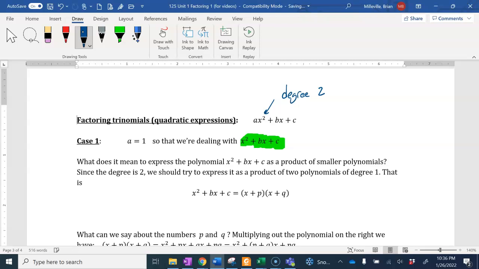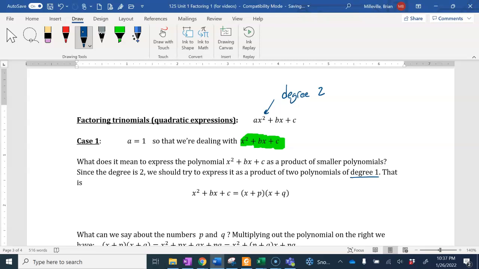To factor that as a product of smaller polynomials, the only way is if our degree is 1. What is a degree 1 polynomial? x plus a number. So the only way this works is as we have it written here, where we factor this as x plus a number times x plus, or possibly minus, another number.